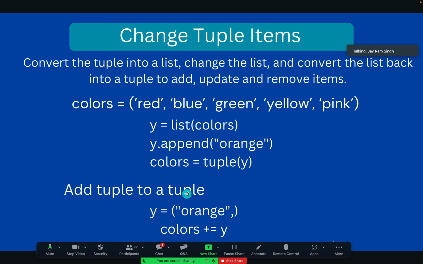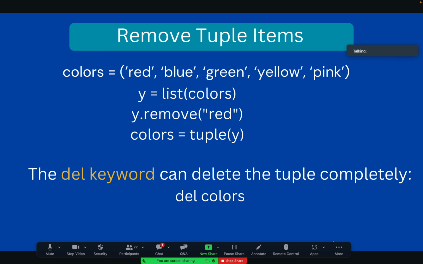Another way is you can add a tuple to a tuple. We already have this tuple and I want to add another tuple, orange. I will write this one. Colors equals colors plus y. It is just a simple thing. Remove, as it's not changeable, so how can we remove an item?